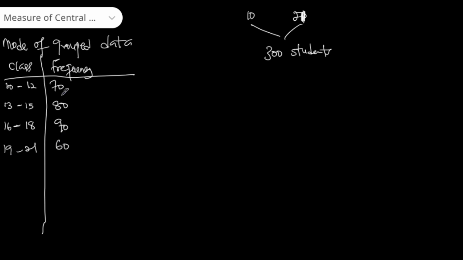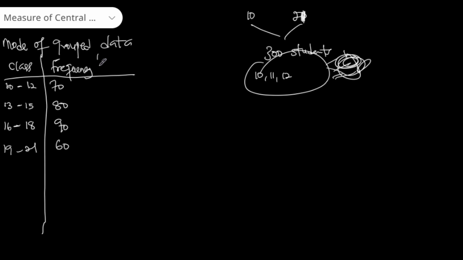So those are the number of times this age occurs, their frequency. So ages between 10, 11, and 12 are grouped as one class. Once we see 10, 11, and 12, all of them have been grouped into this one class, and all of them occurred 70 times.